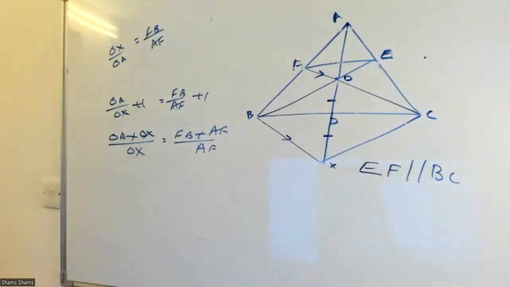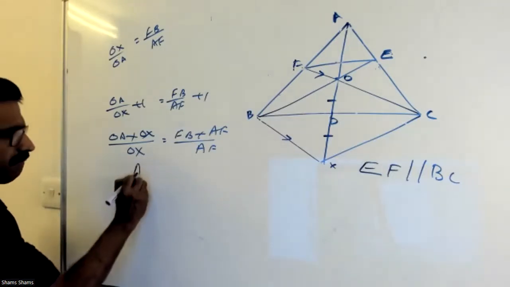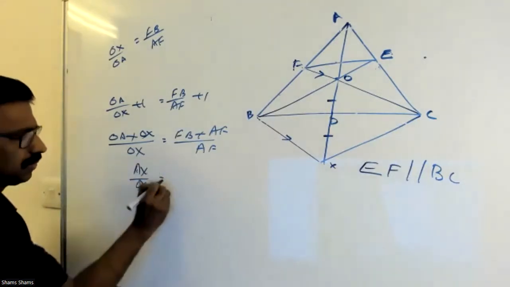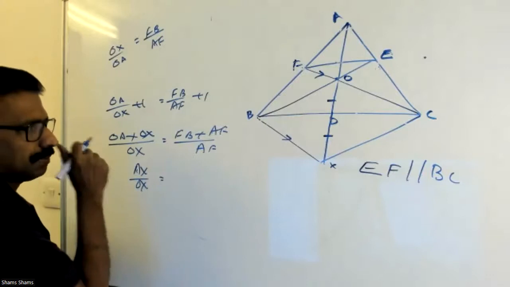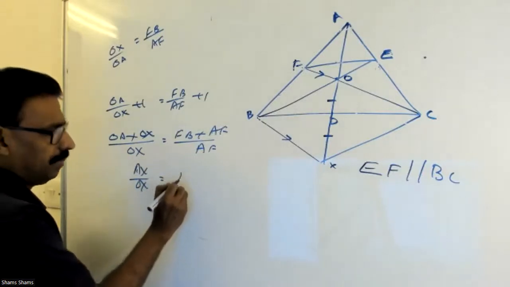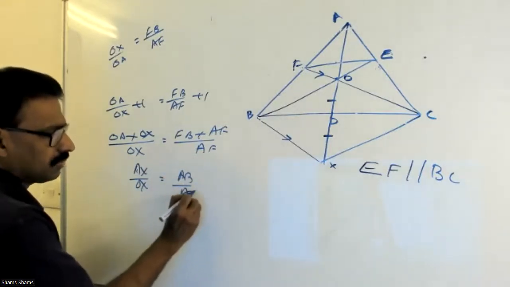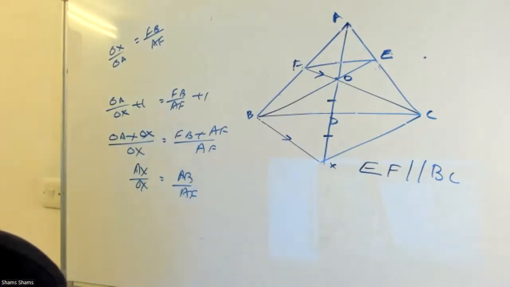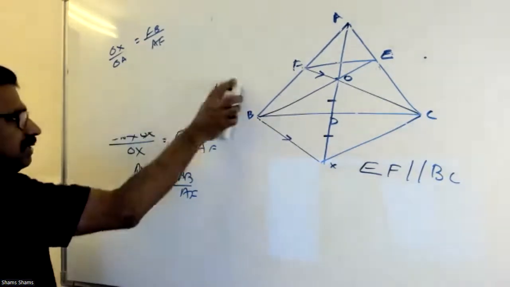Check the figure. OA plus OX is AX. So shouldn't it be OX by OA plus 1? Yeah, okay, I made a mistake. You're right.